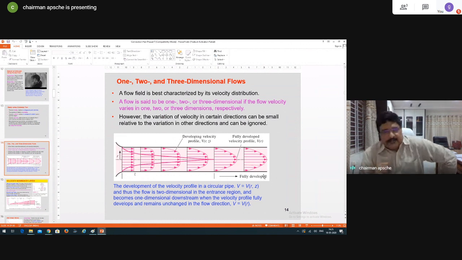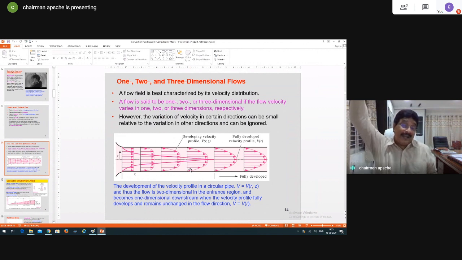Now, you may ask me a question whether necessarily for all fluid flows through conduits and tubes, there will be fully developed flow. Maybe or may not be. If the tube length is short, there will not be. If the tube diameter is very high, may not be. Because I said the boundary layer thickness is quite small, on the order of a few millimeters.